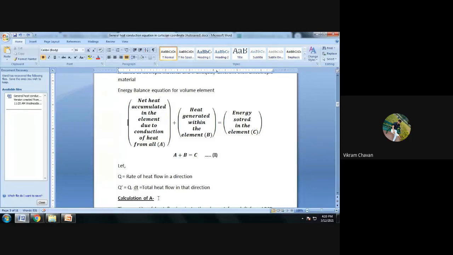And if you want to find the total heat flow, you have to multiply by the time interval, for which we are carrying out this heat transfer due to conduction. So if heat is flowing in the x direction, then Q suffix x multiplied by dt will be considered as Q dash suffix x.